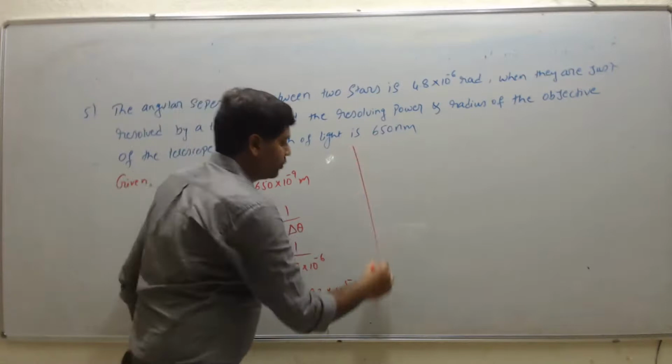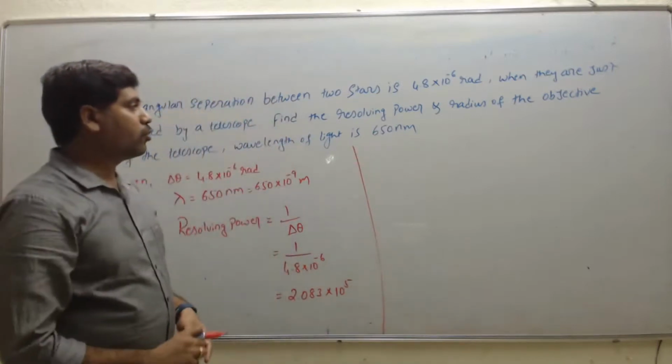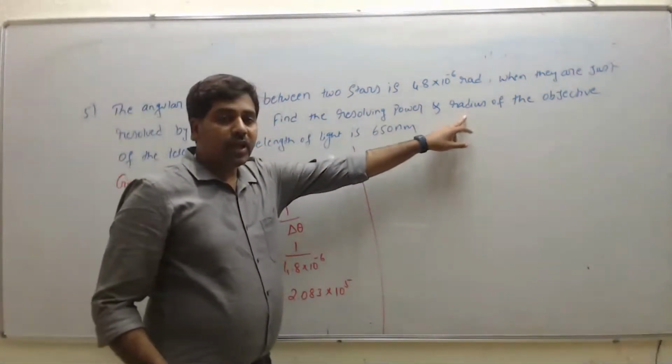Next, we have to find the radius of the objective.